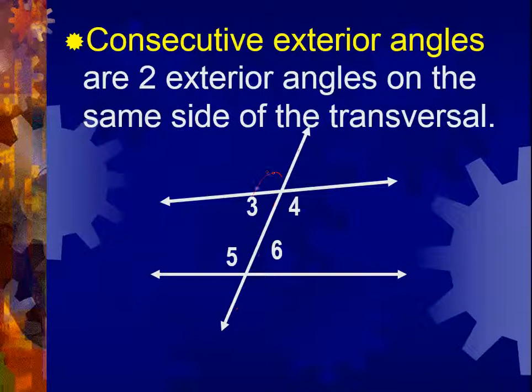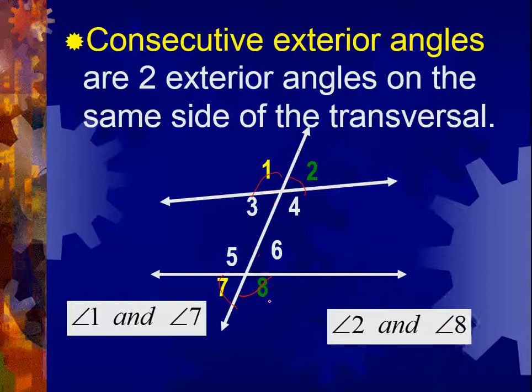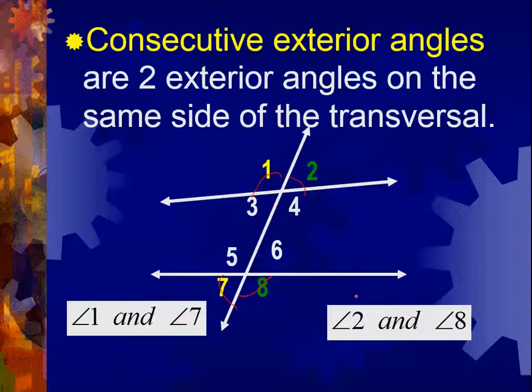So 1 would be consecutive exterior to 7. And 2 would be the consecutive exterior to what? Angle 8. Again, 2 different pairs. There's 2 pairs of each type of angle that we're learning today.